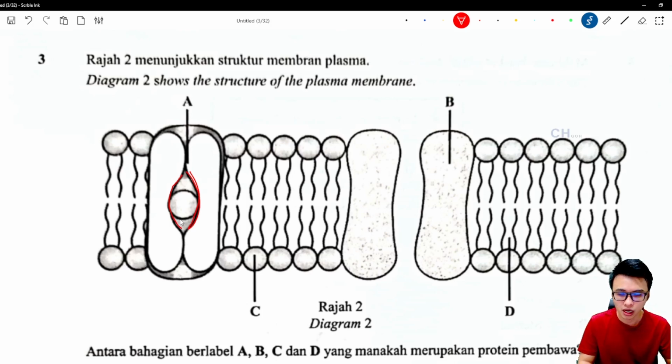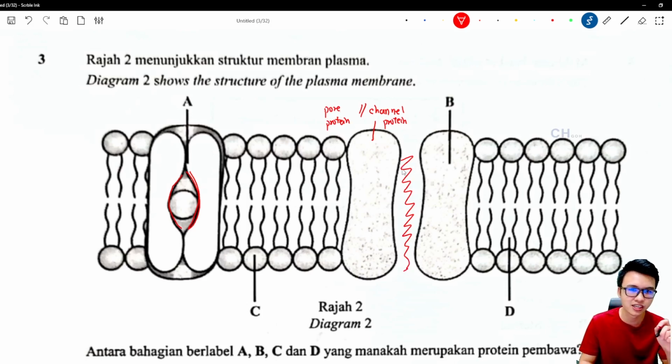Another protein that looks like the carrier protein is the channel protein. Now B is the channel protein, or we can call it pore protein. It has two names. So channel means they have a channel like this. It looks like a lubang.